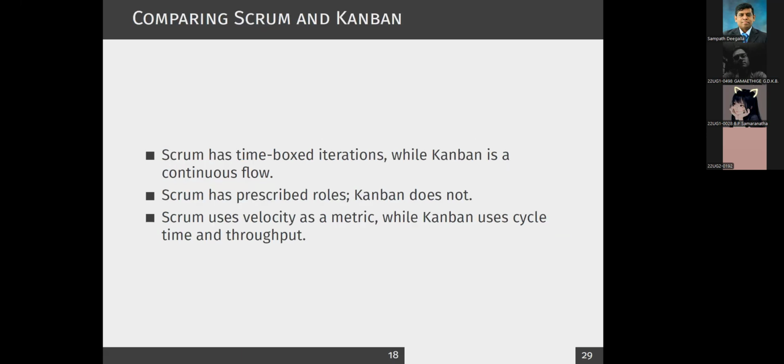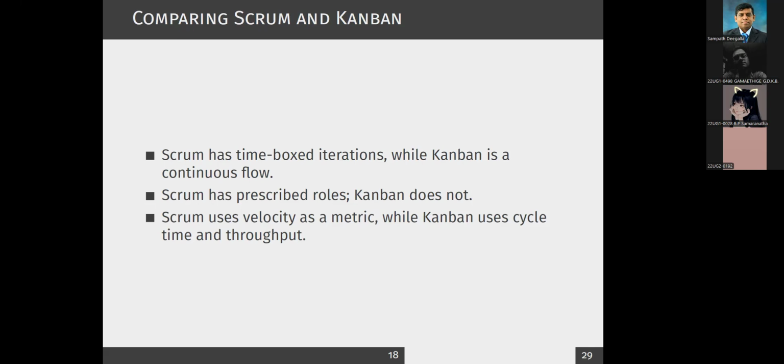Right. Now, if you ask to compare the two methodologies, and there are many other agile processes, but we discussed only these two. If you compare these two, the main differences are: in Scrum, you have a time limitation called a sprint, which, I told you, is 2 to 4 weeks.